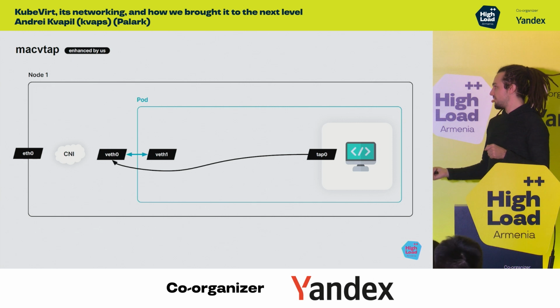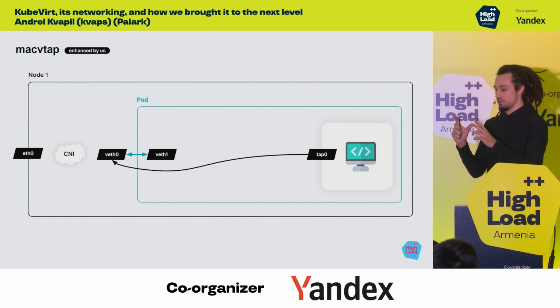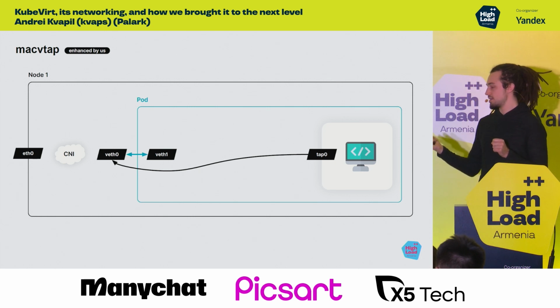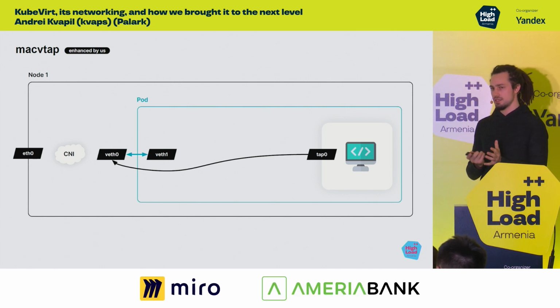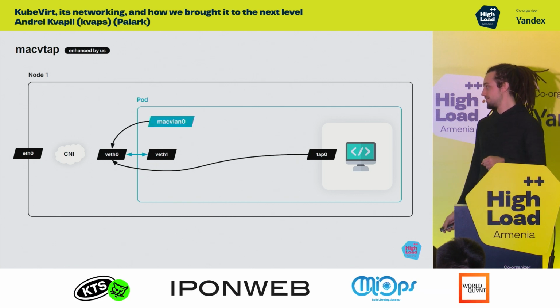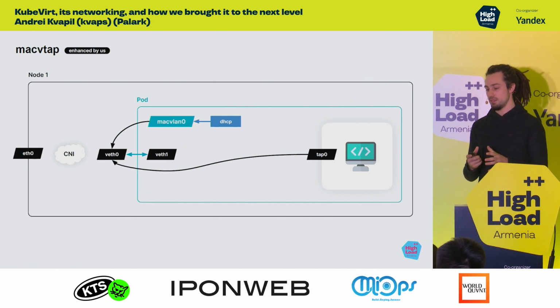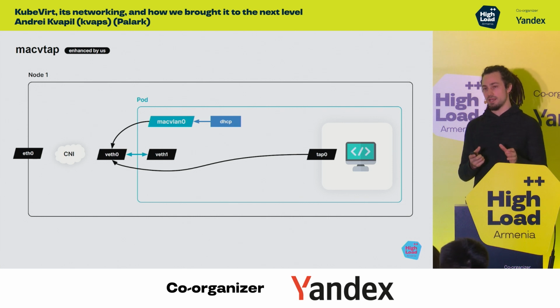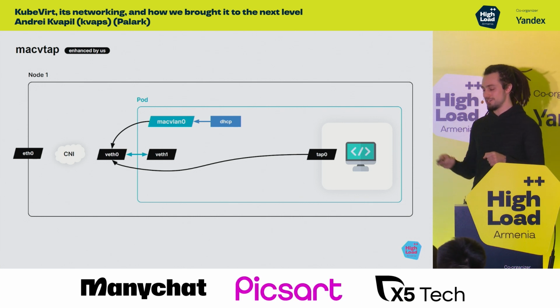So when we run the virtual machine, it can directly use the same veth interface as the pod has, and it has almost native performance, as if we had created macvtap interfaces instead of veth. We also have another interface which is used just to run DHCP and provide the correct IP address to the virtual machine.